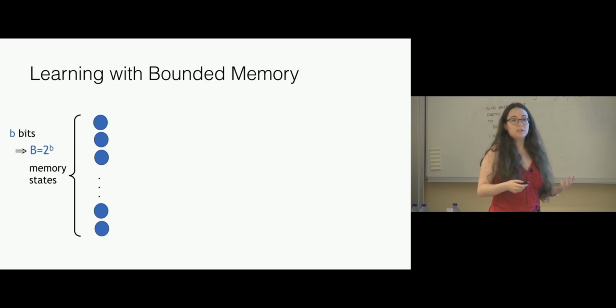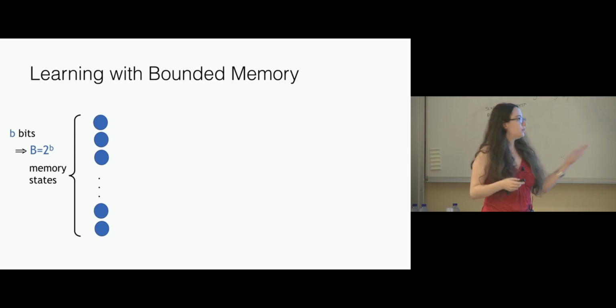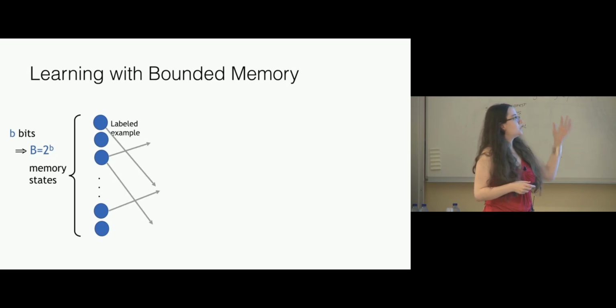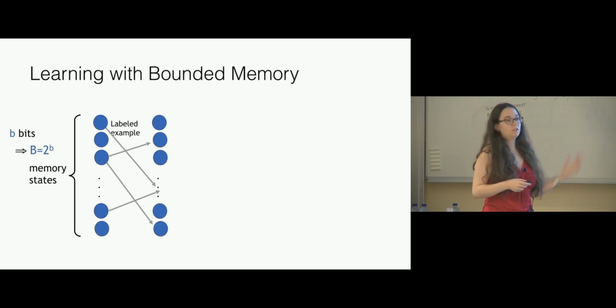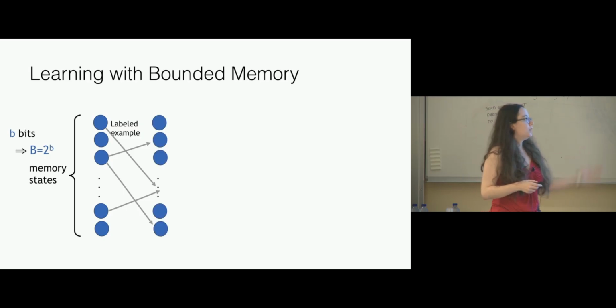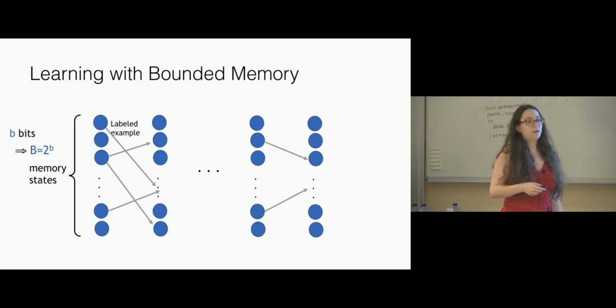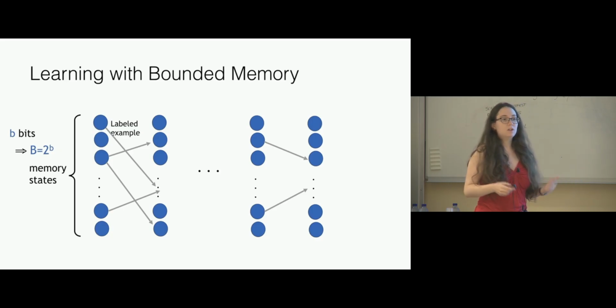This can be represented in a layered graph. So the algorithm begins in some memory state, and then it gets some labeled examples, and then it transforms to different memory states. In the ith layer, we have all the possible memory states after viewing i examples.